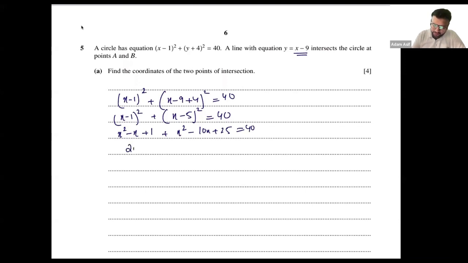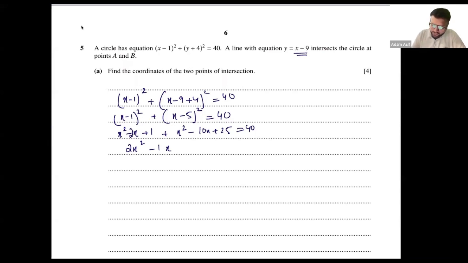Reduce down the equation. 2x square, sorry, this is minus 2x. So it's going to be minus 10x.